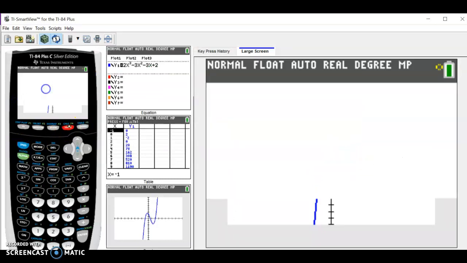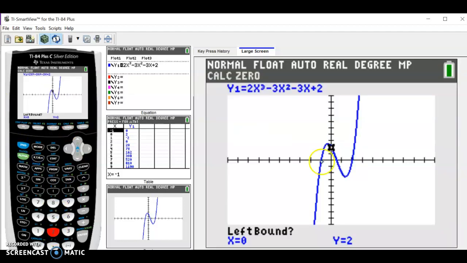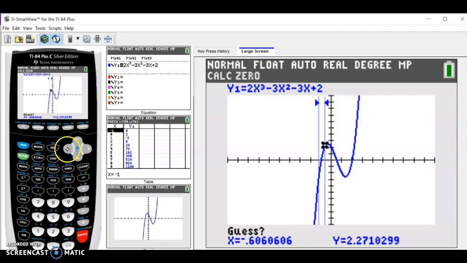So we're going to hit second, calculate. We're looking for our zero. I'm just going to go left to right. I'm going to aim for the furthest left one. So I'm going to go to the left of that zero and hit enter for my left bound. I'm going to go to the right of it and hit enter for my right bound. And I'm going to hit enter for my guess.